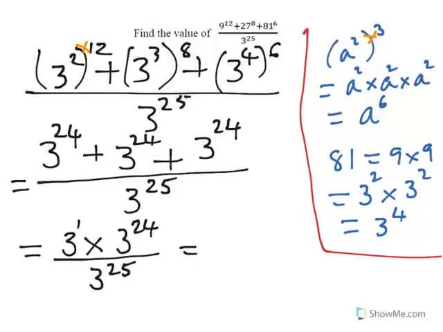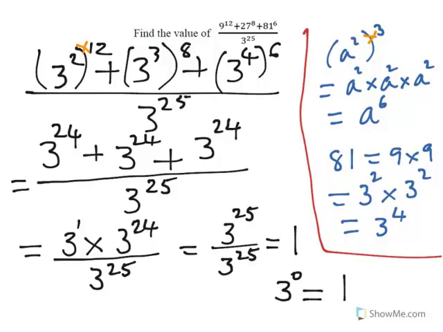And this 3 has a power of 1, and if you add 1 to 24, you get 25, so you get 3 to the 25 over 3 to the power of 25. And if you divide 3 to the 25 by 3 to the 25, we expect to get 1. But if you want to use the laws of indices or exponents, you can subtract the powers and you get 3 to the 0, which we should know is equal to 1.